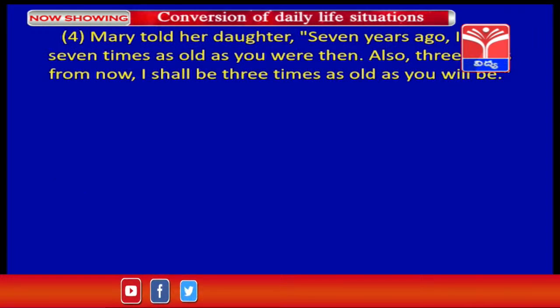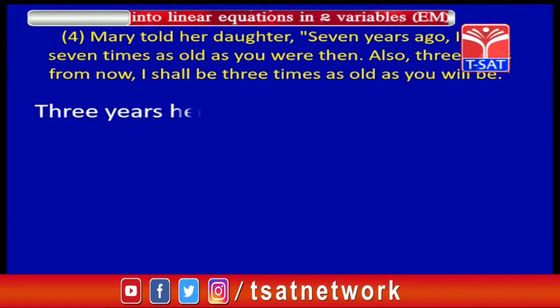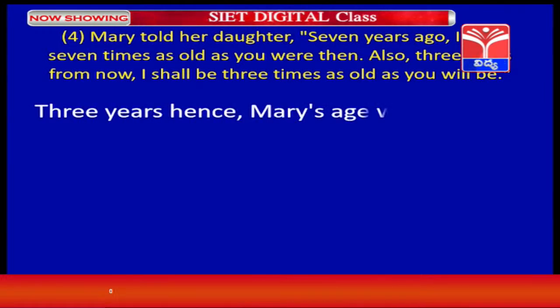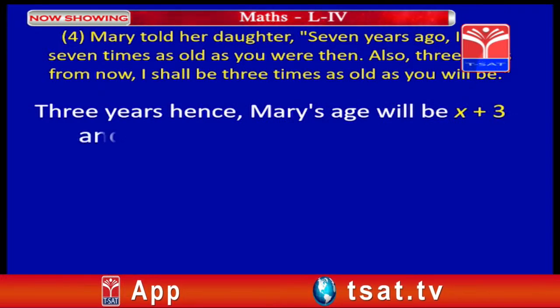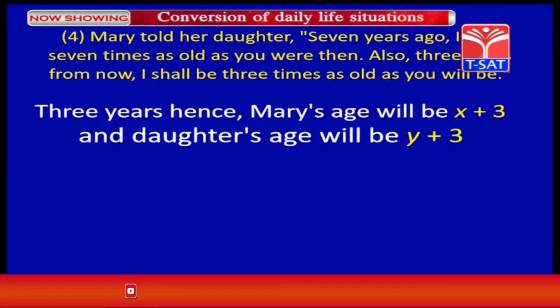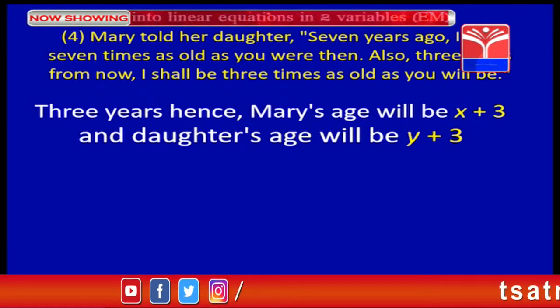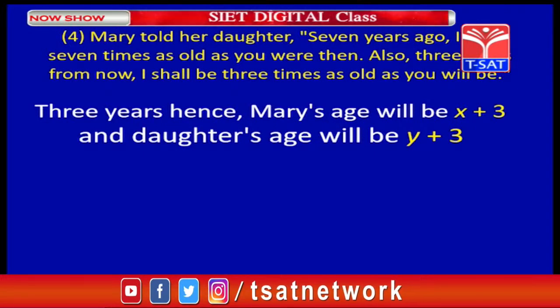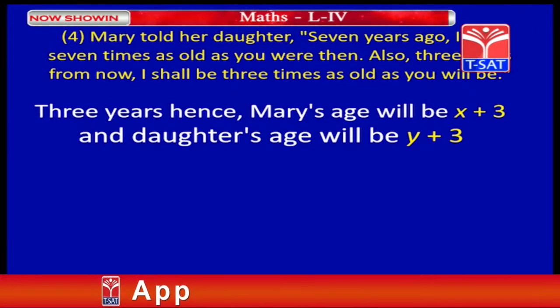Now we will discuss the second case. 3 years hence, Mary's age will be X plus 3 and daughter's age will be Y plus 3. Think, let us assume your present age is 15.